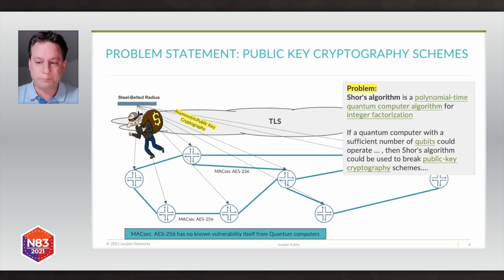And many of the security protocols we're currently using are based on prime numbers. If you want to factor a prime number, that is really hard, especially if the prime number is very large. That is really hard for a classical computer.